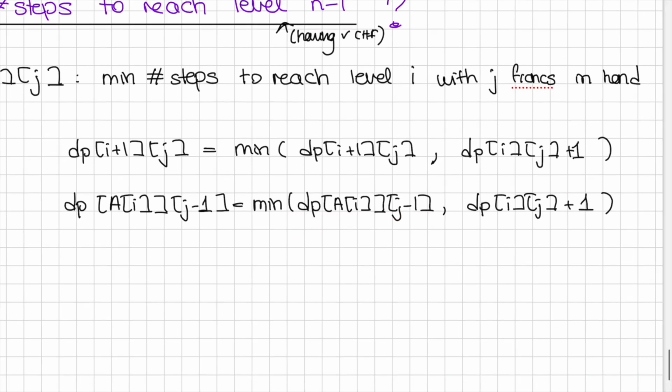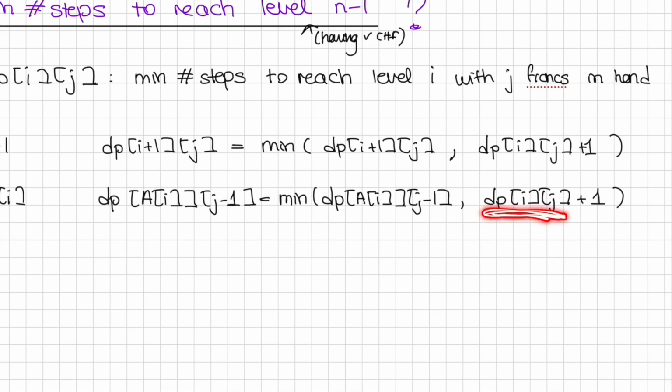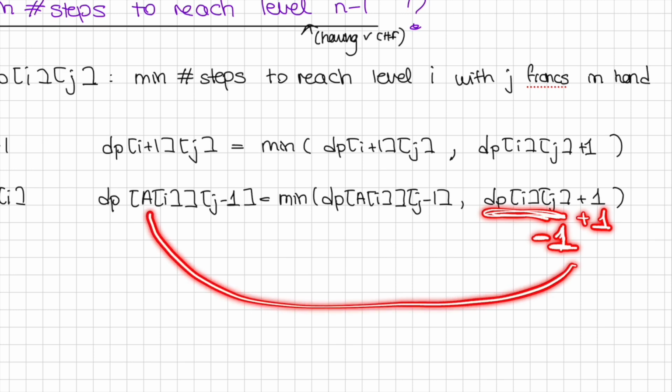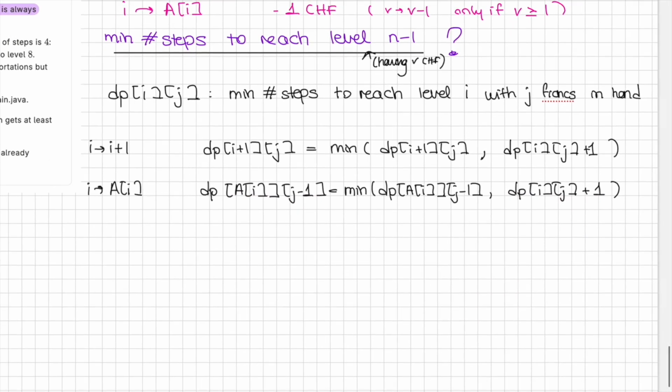Or, if we're at level i with j francs, we can take one more step, buy our teleportation with 1 franc and teleport to level a[i], but now we have j minus 1 francs in hand. So that's how we express this step. At the end, we have our solution.